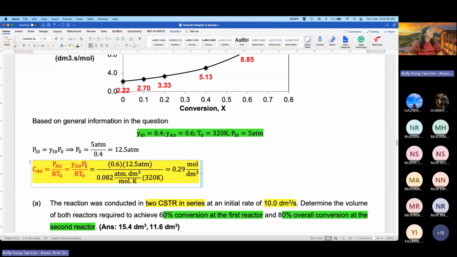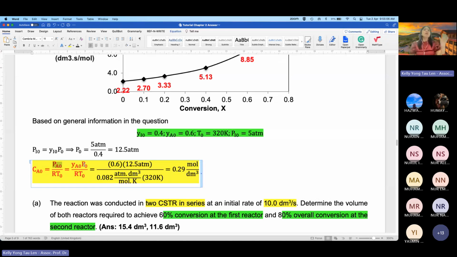Right now the challenge is finding P naught. Maybe some of you will think, why not find PA naught directly? You also can. Or if you want to find P naught, you also can. They are different steps, but in today's discussion, I will discuss how we can find P naught. When we talk about Raoult's law, it says that the initial partial pressure of A is equal to the initial mole fraction of A multiplied with the total pressure.